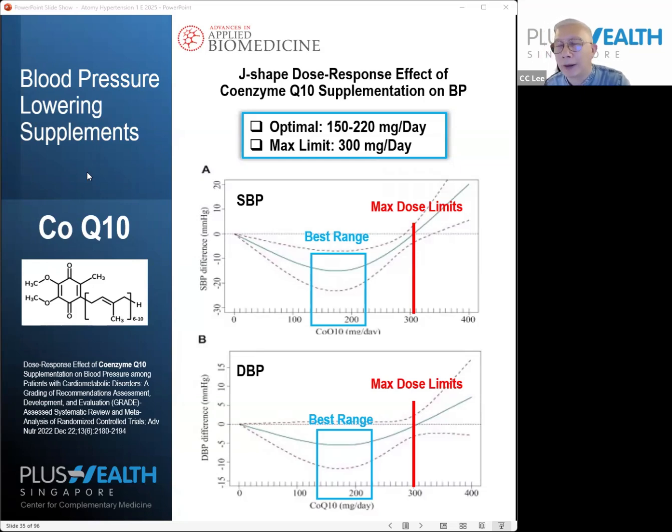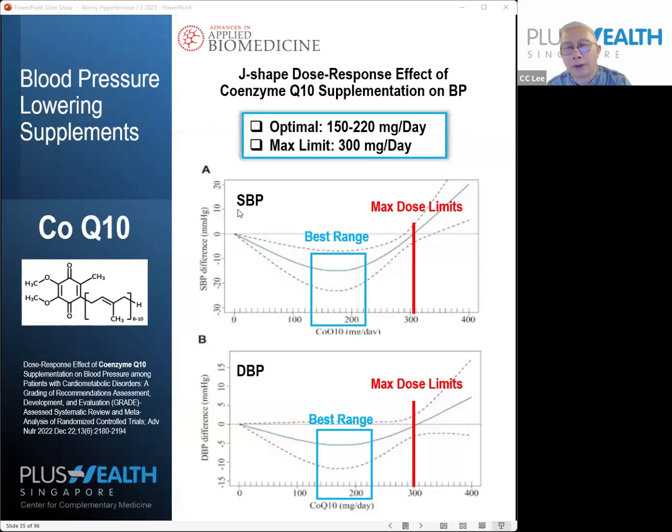You want the best option to address the issue. So this is very important for people who choose to take coenzyme Q10 to help reduce blood pressure. Now, here is what I mean by the J-shaped dose response effect.